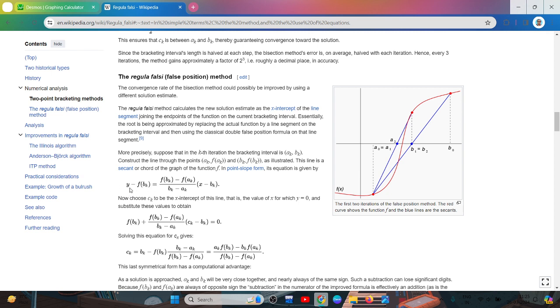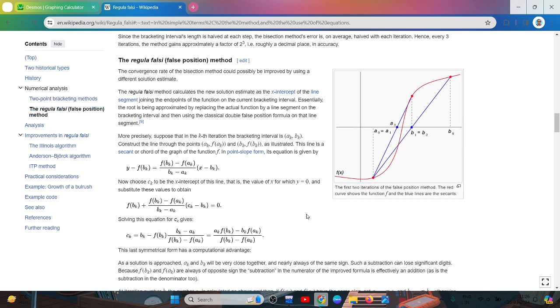You can also write y minus f a0 by x minus a0 equal to f b0 minus f a0 by b0 minus a0. And this line cuts the x-axis at the point x1 comma 0.